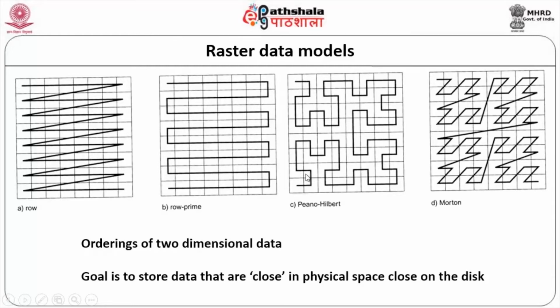This is how it is taken, that is called the Peano-Hilbert method, orders of 2-dimensional data. The ultimate aim is to keep close in the physical space also close on the disk. Here there is a Morton method, a very interesting method again. Instead of going, the same method as this is a prime method, this is your row method.